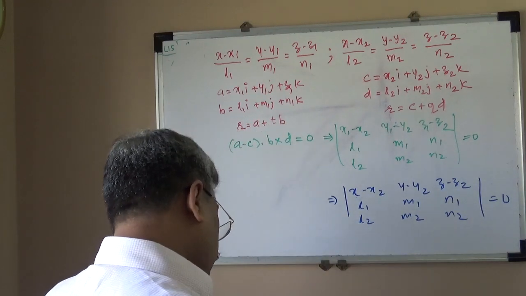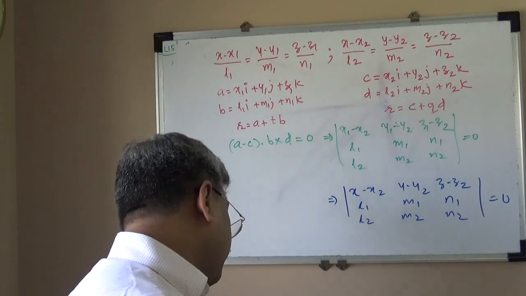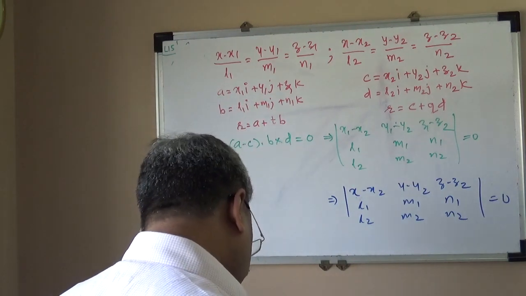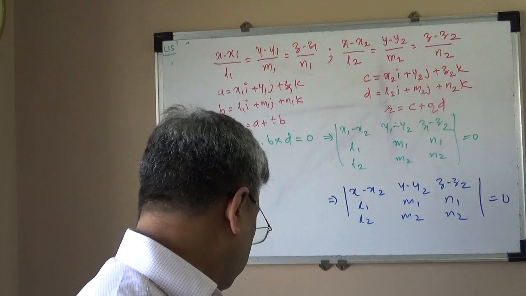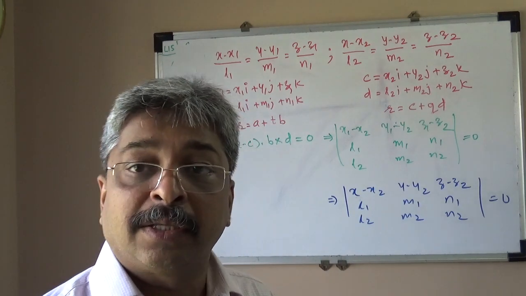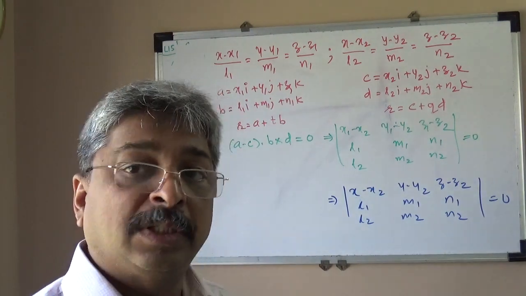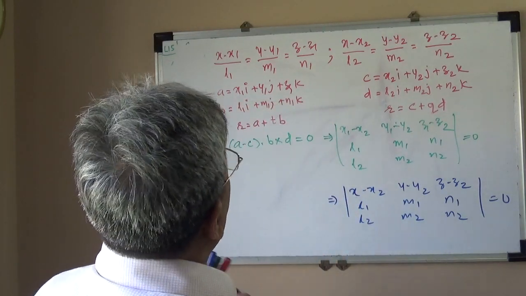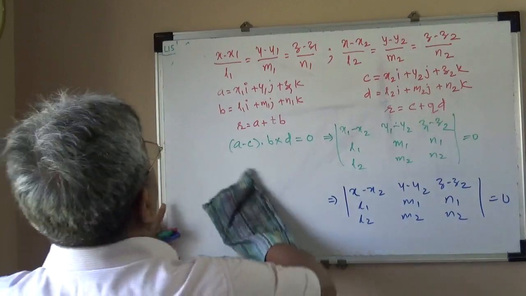Now suppose we have been given a point and we have been given a line, then what are the coordinates of a foot of perpendicular and what is the distance of that point from that line? That is what we are supposed to find out now.